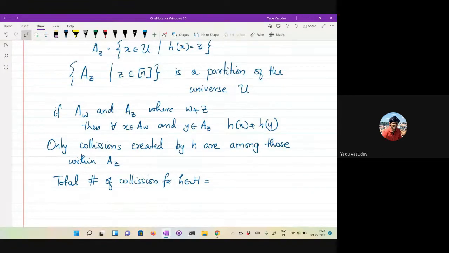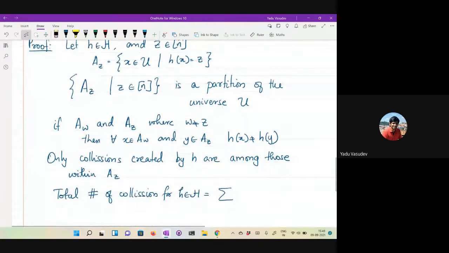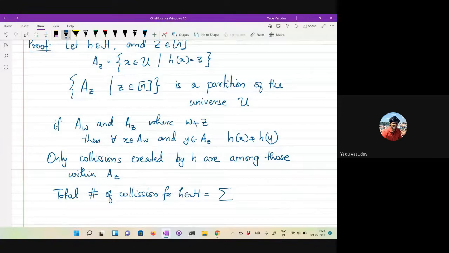What I want to compute is this quantity: for all x, y in U, delta(x, y, h).